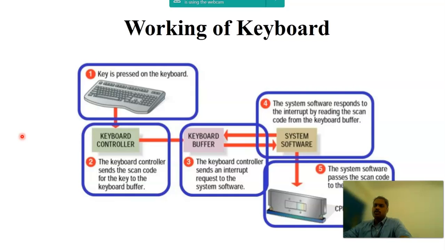Its code will be sensed by the keyboard controller and transferred to the keyboard buffer. The keyboard buffer makes an interrupt request to the system software. The system software responds to the interrupt by reading the scan code from the keyboard buffer and sends the input to the CPU. Likewise, it is recognized what type of key is pressed by the user.